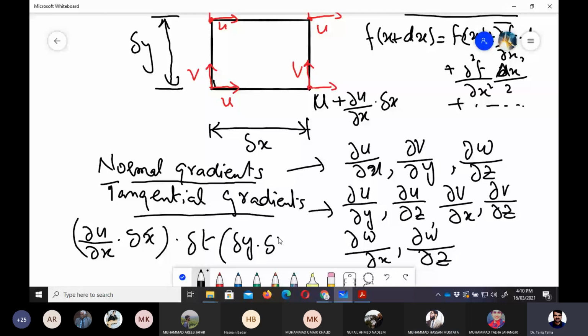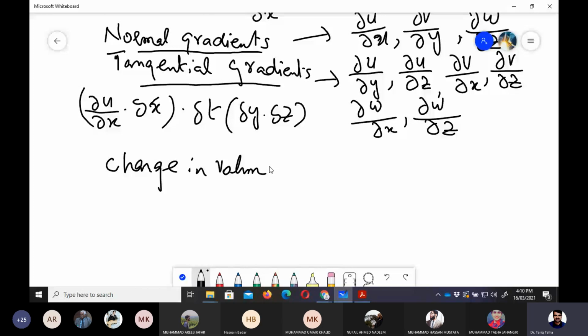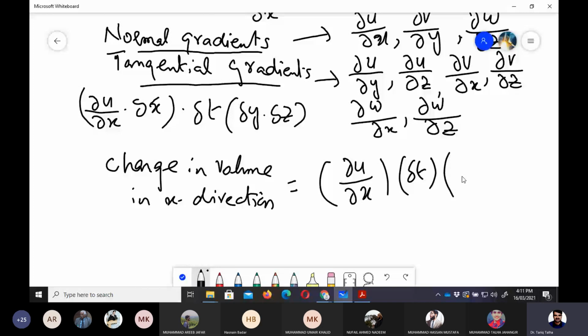Okay, so if I write it here now, change in volume in x direction would be equal to partial u by partial x into delta t into delta x, delta y and delta z.